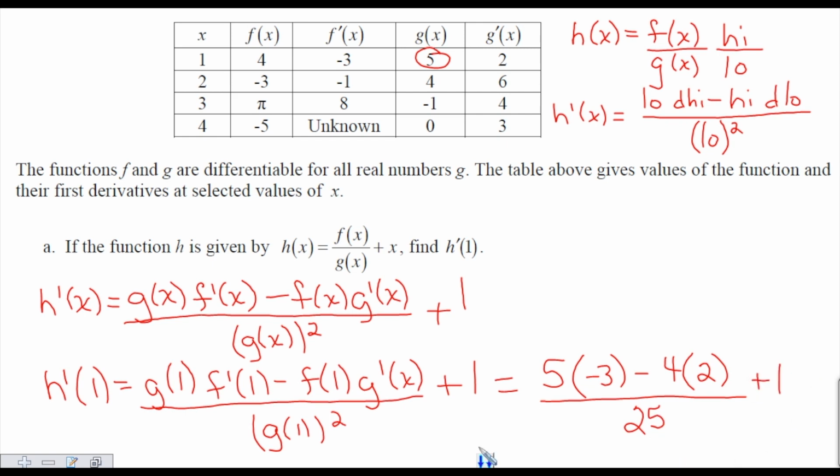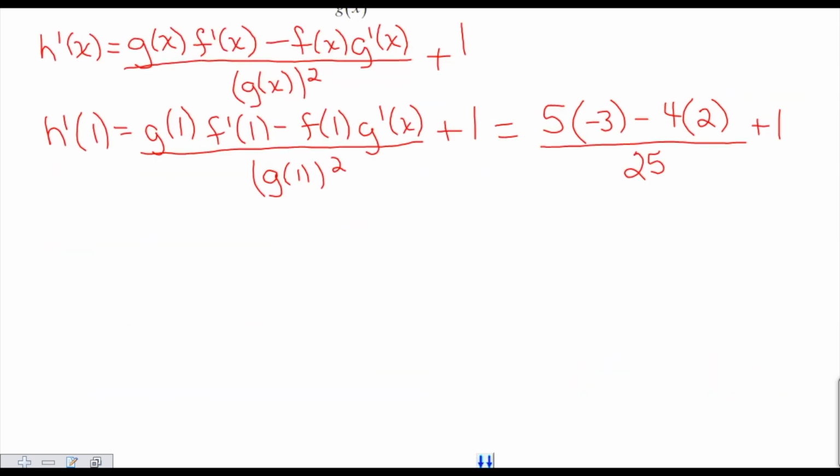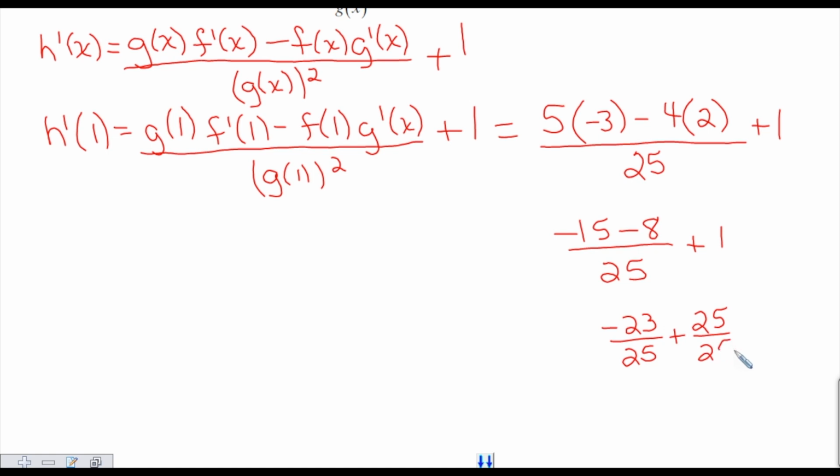And so if I go down just a little bit more, I'll give me a little room here to work, that's negative 15 minus 8 over 25 plus 1, which is negative 23 over 25 plus 25 over 25.